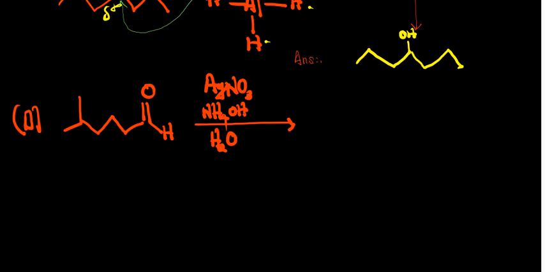So what do we have on the reactant side? On the reactant, we can see that we have an aldehyde. Since we're having the aldehyde, one thing that we must understand here is that we're having the silver nitrate. And when you're having the silver nitrate, the first thing that must come to your mind is that we're trying to test for the presence of the aldehyde. And this test is called the Tollens test.